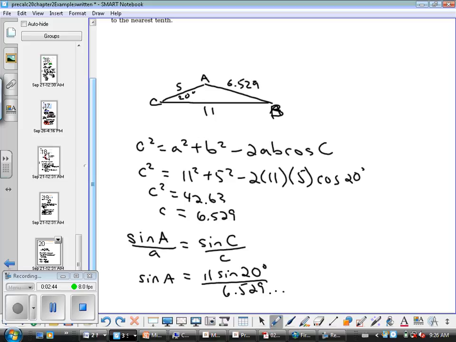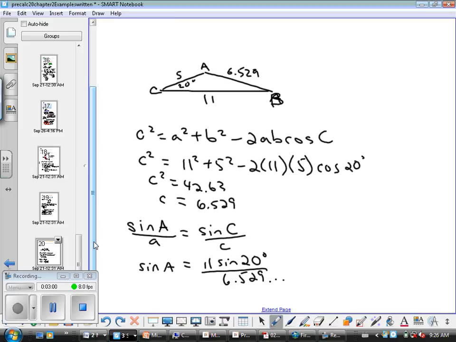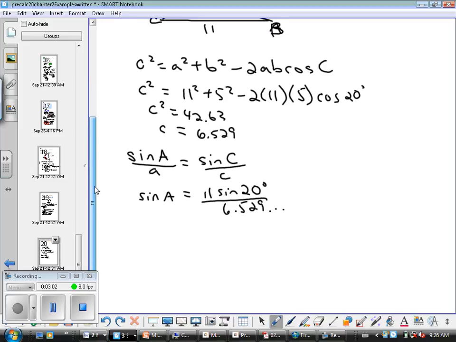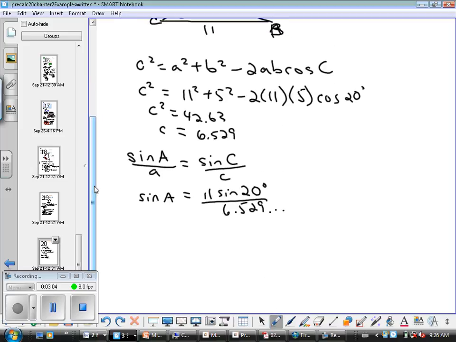I punch that into my calculator, 11 times sine 20 divided by 6.529. Take the inverse sine of that answer, and I get about 35. So sine A is 0.5762.